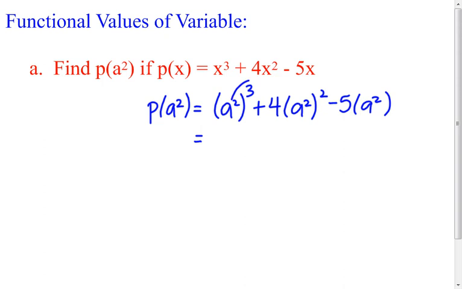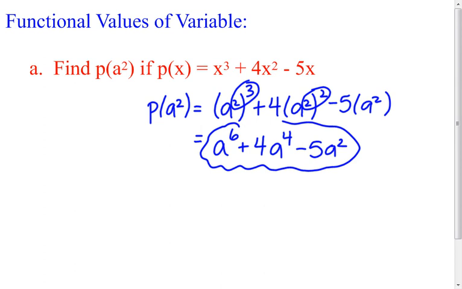So if you have one base with 2 exponents like this, you multiply the exponents. So this becomes a to the 6th plus 4, and again, a squared squared, I will multiply my exponents. 2 times 2 is 4, minus 5a squared. And here I have no like terms. I have no terms that have the same variable with the same exponent, so I can't combine anything. And this is my final answer.